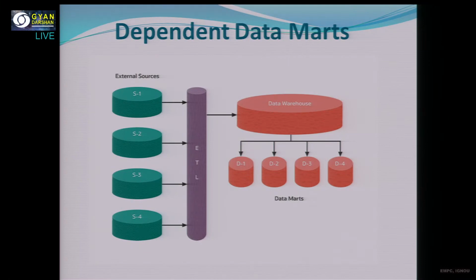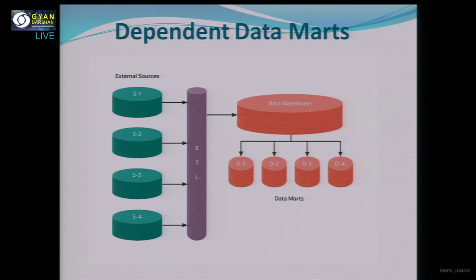Here you can see on the extreme left the external sources, then the data staging, the extract, transform and loading area. The data after the ETL is loaded into the centralized data warehouse, and then from the centralized data warehouse the data marts are created.